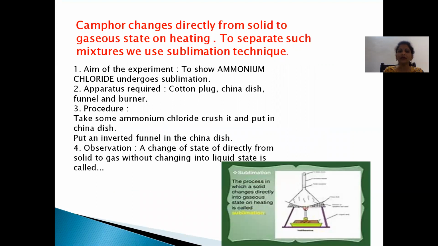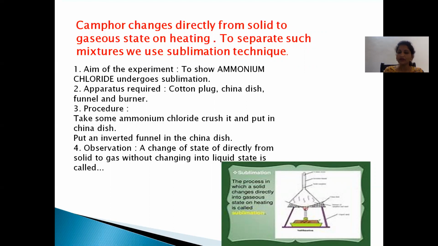Next, coming to sublimation. What is meant by sublimation? In the first lesson, Matter in Our Surroundings, you have studied about sublimation. Sublimation is the process in which a solid changes directly to gas, skipping its liquid state.